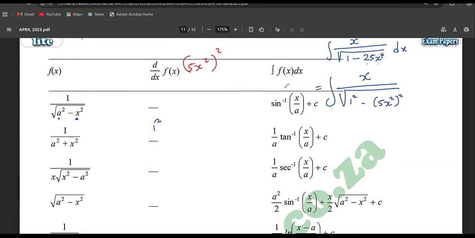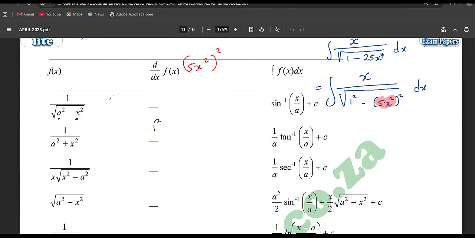But we have the x in the numerator, so we have to get rid of that x. To get rid of that x, that's where our substitution u is taken from. The 5x squared that you're given there is the one that you're going to concentrate on.